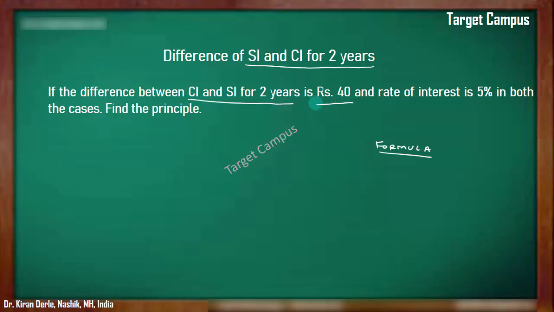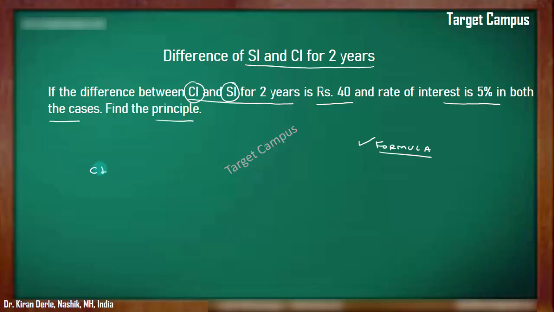If the difference between CI and SI for 2 years is rupees 40 at the rate of 5% per annum in both cases, find the principal. As I said, we have a direct formula, but let us understand.